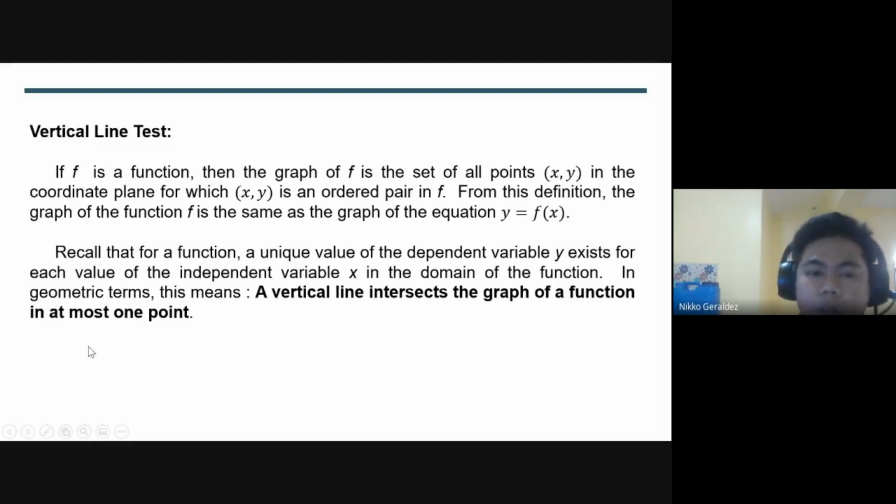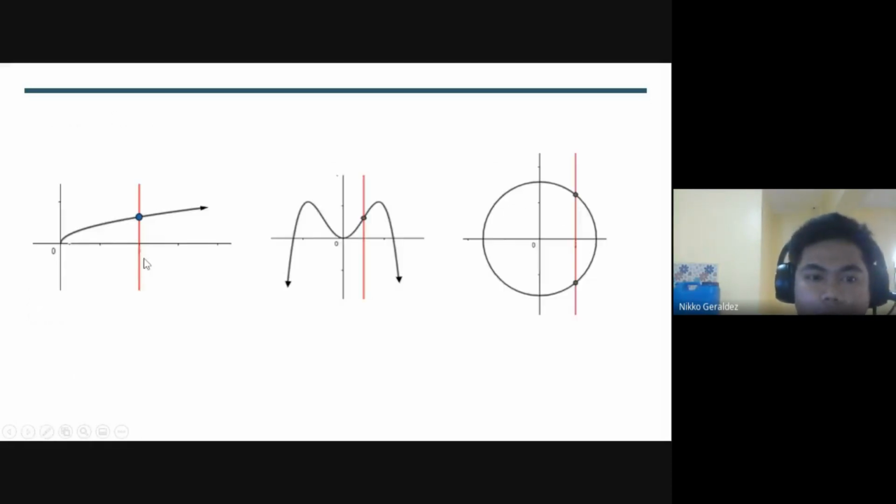For example, graph 1 represents a function. This one is also a function. This one intersects the graph at 2 points, so this is not a function. There should be only one.